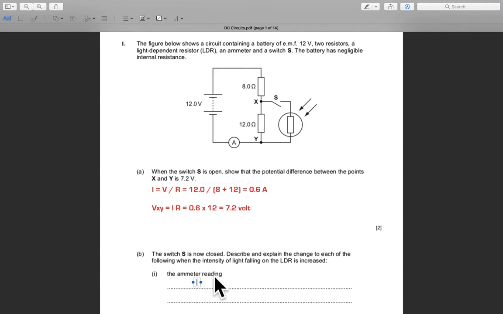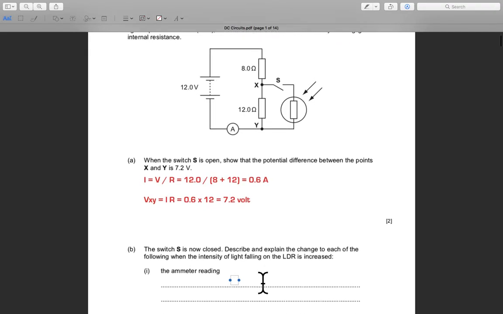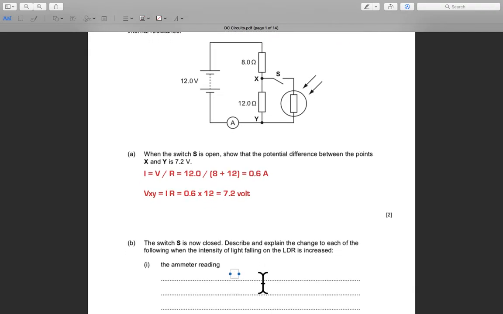Then we see the other condition. The switch S is now closed. Describe and explain the change to each of the following when the intensity of light falling on the LDR is increased.